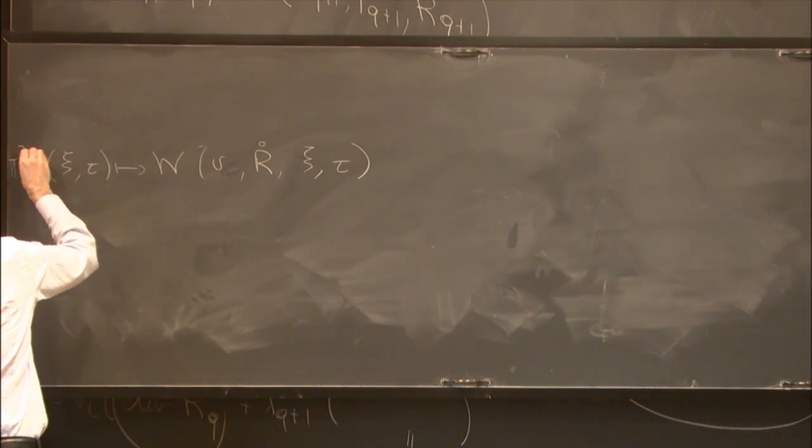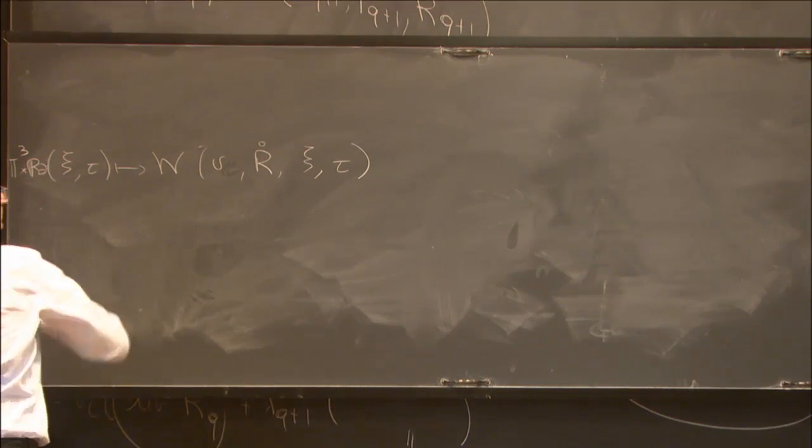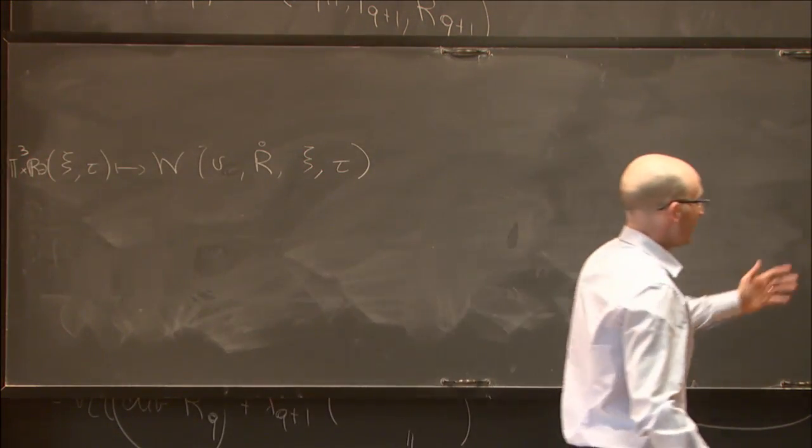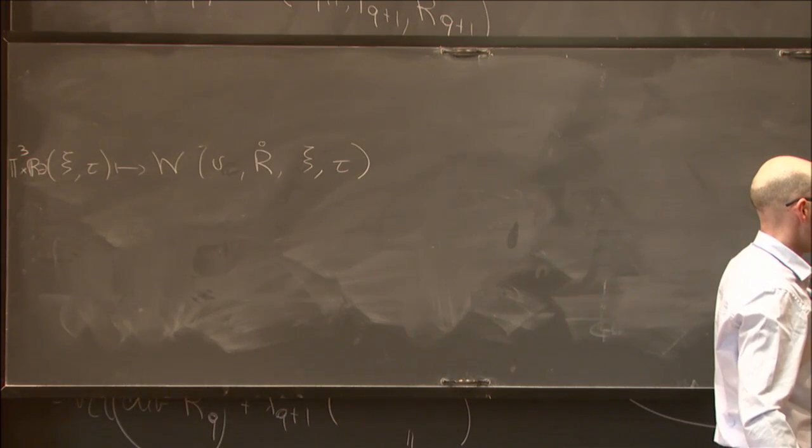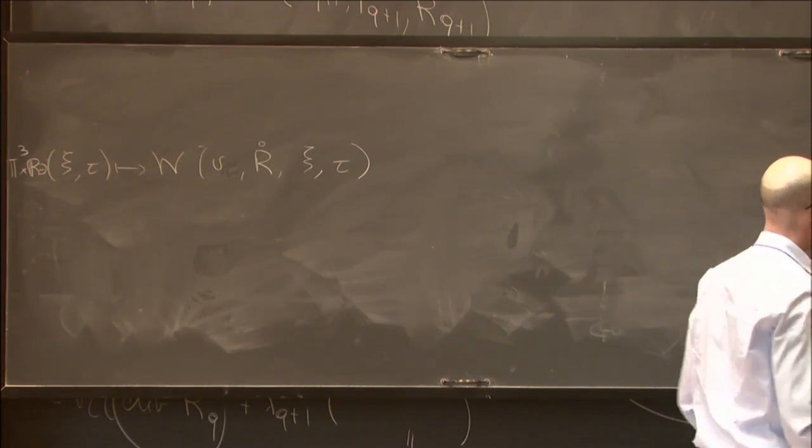So this will be on T^3 times R. Then I can hope to run my iteration scheme. So it's not the end of the story.